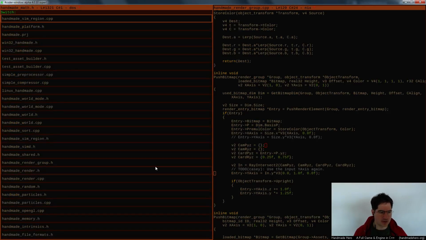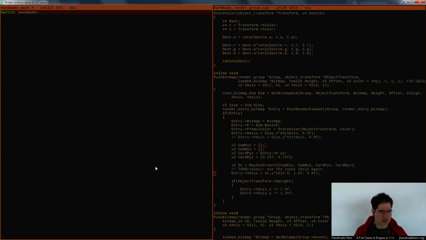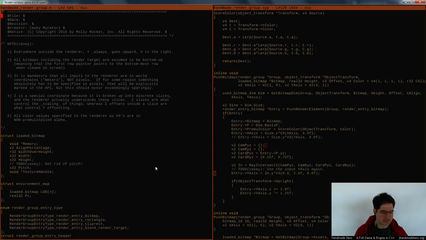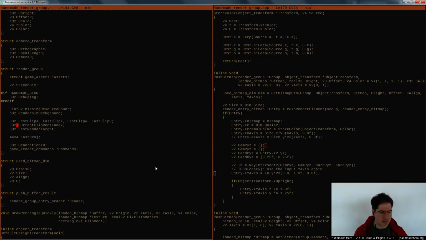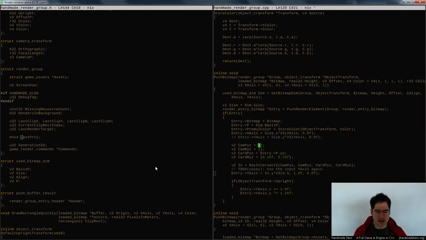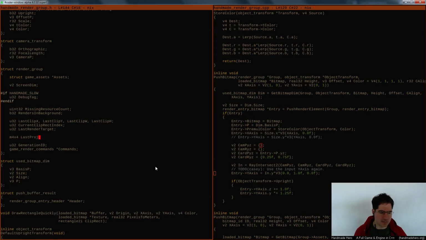In terms of our render group, we know that we have our projection matrix, which is the one that we're using at the moment. And that projection matrix actually has the information that we want. So if we want the y and z locations of the camera, we could back them out from here.